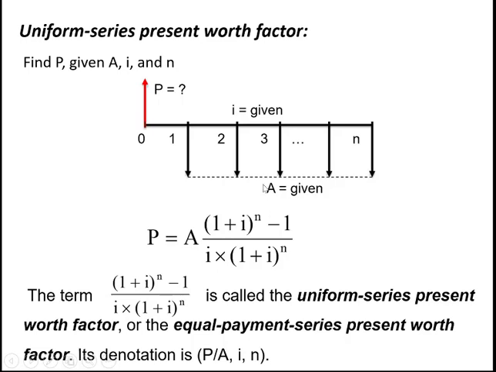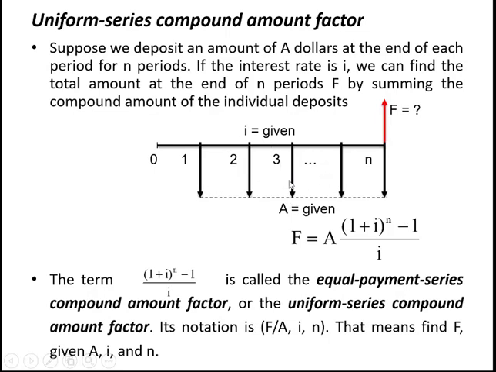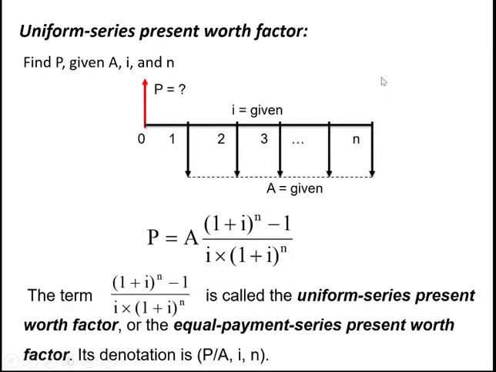And the second way, we use the uniform series compound amount factor to calculate the future worth. From A, we convert to the future worth F. Then from the future worth F, we convert to the present worth by taking the single payment present worth factor.